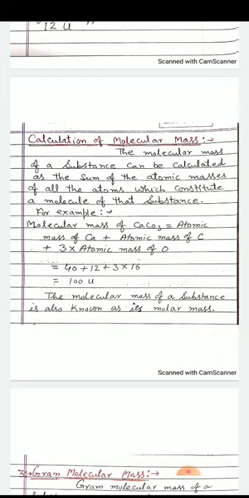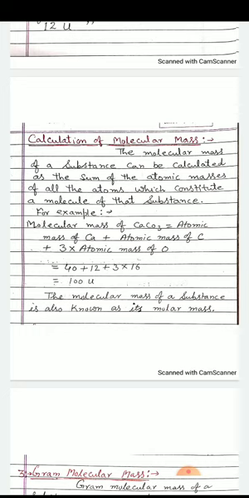Calculation of molecular mass. The molecular mass of a substance can be calculated as the sum of the atomic masses of all the atoms which constitute a molecule of that substance.